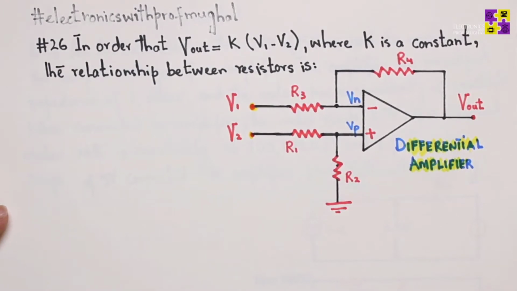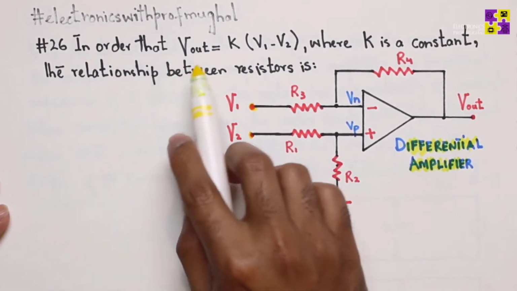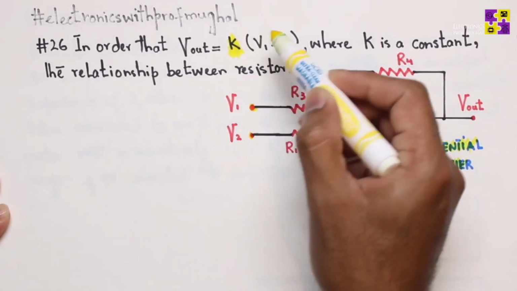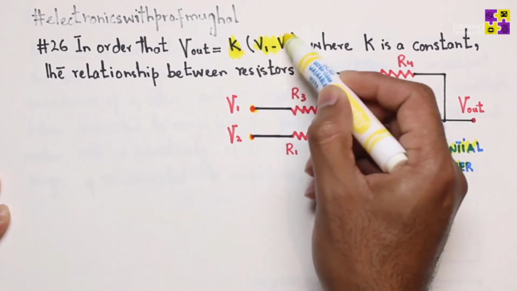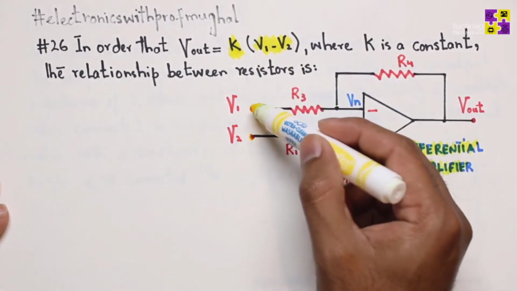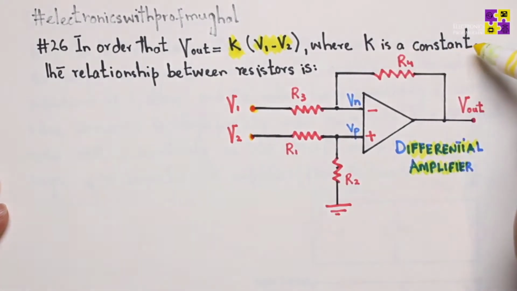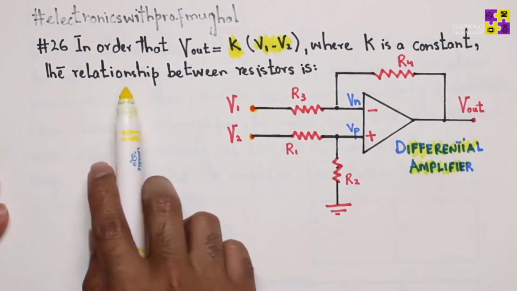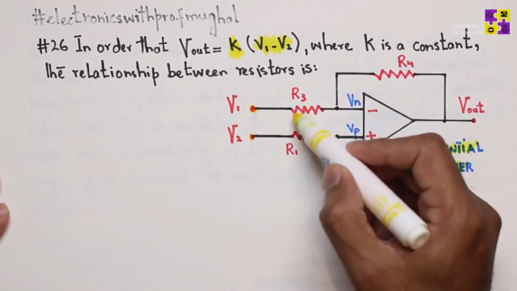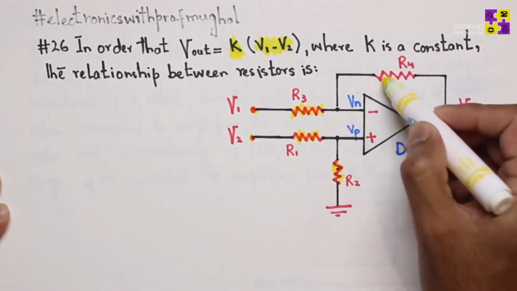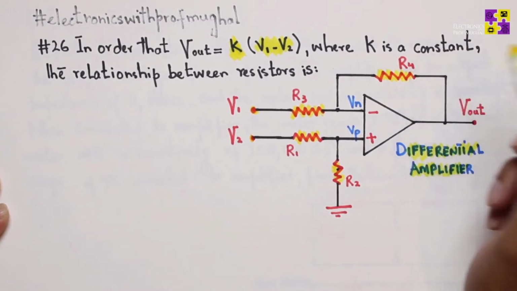The question here is, in order that Vout equals K times the potential difference of the two input sources V1 and V2, where K is a constant, find the relationship between the resistors. What is the relationship between these resistors right here?